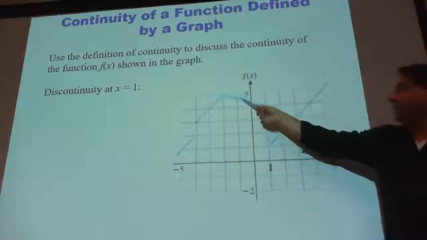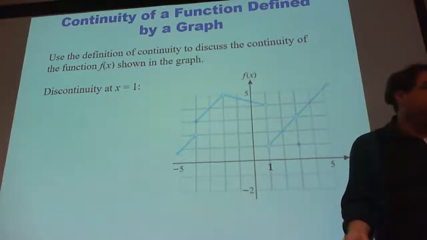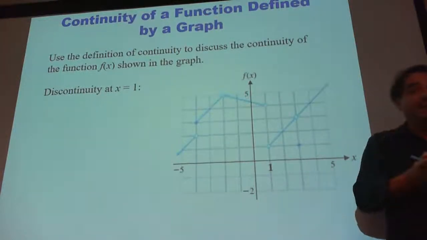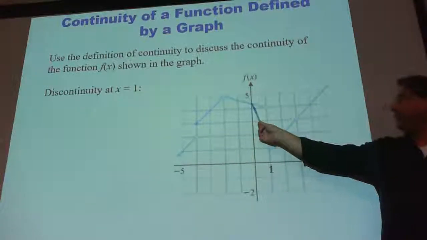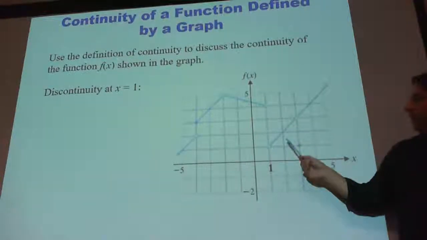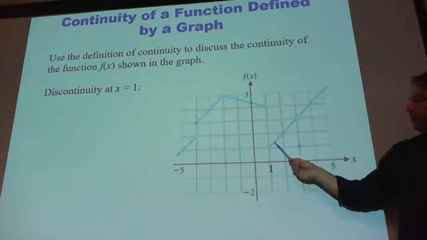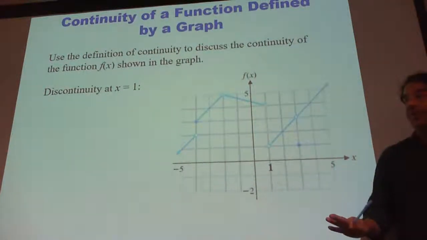So is it continuous or discontinuous? Okay, that's the answer. We're done. We know. But what we learned last time is a way to check that. Coming from the left, for 1, what number is it approaching? 4. Coming from the right, what number is it approaching? 1. Okay, that's last time stuff.